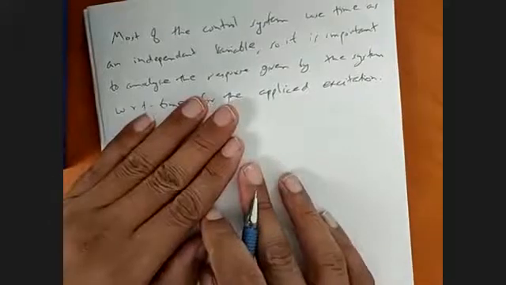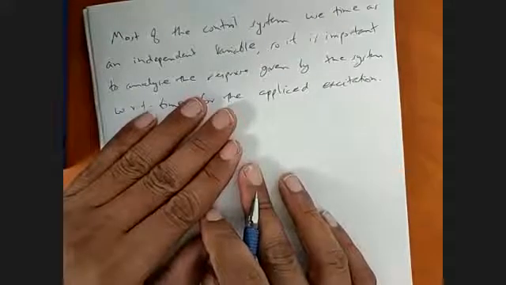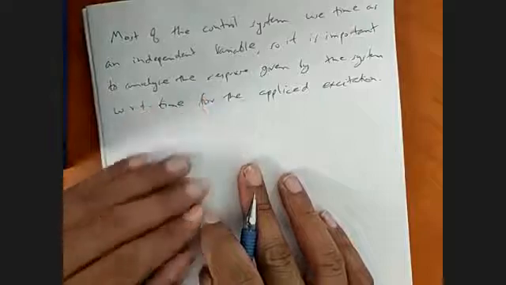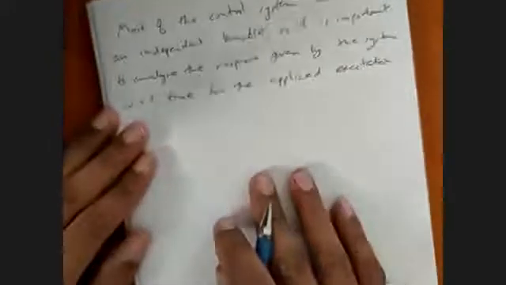So most of the control systems use time as an independent variable. So it is very important to analyze the response given by the system with respect to time for the applied excitation.